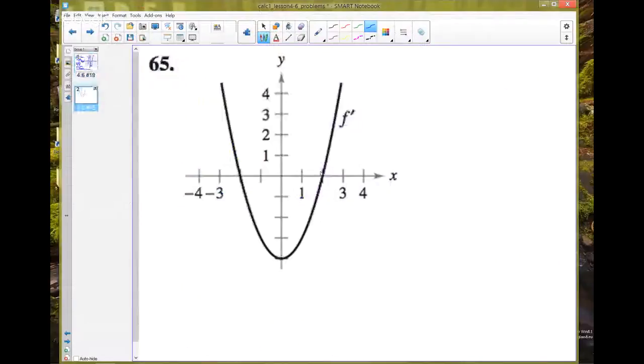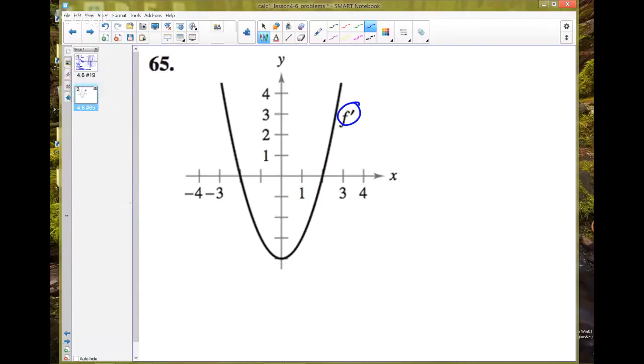65, this is really a totally different kind of a project here, because here they gave us the graph of the derivative. Do you see that? I mean, what they're telling you is the graph of f prime. And we have to go backwards and find the graph of f. And then we also have to do f double prime.